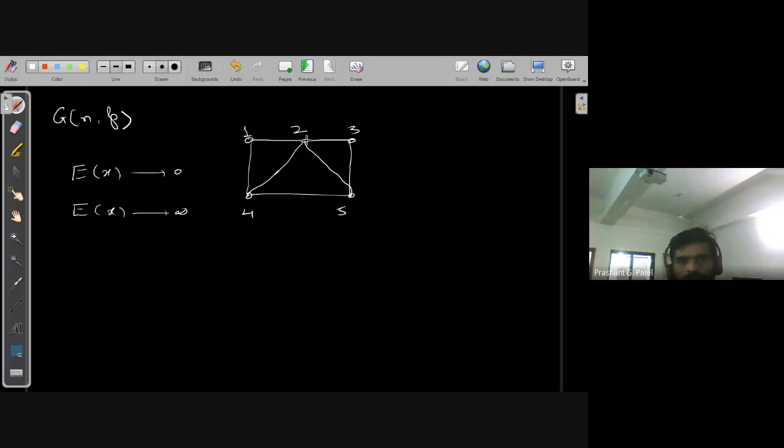You can go from 1 to 2, 2 to 3, 3 to 5, and 5 to 4, and then again from 4 to 1. That will be your Hamiltonian cycle. But if I draw the graph like this, then this graph does not have a Hamiltonian cycle, because in that case a vertex will be repeated.